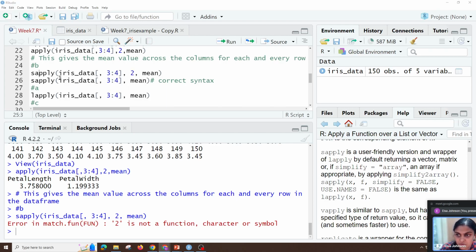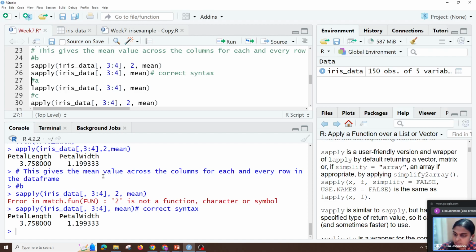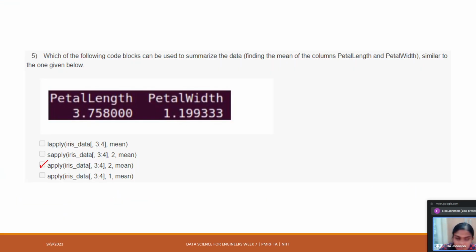If you remove this particular thing and give just the mean, then you will get the same answer. So sapply with number 2 and mean is wrong, and this also is wrong.